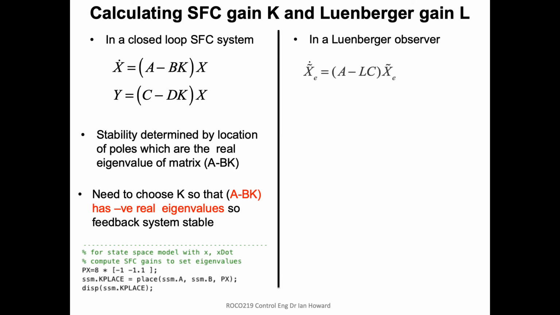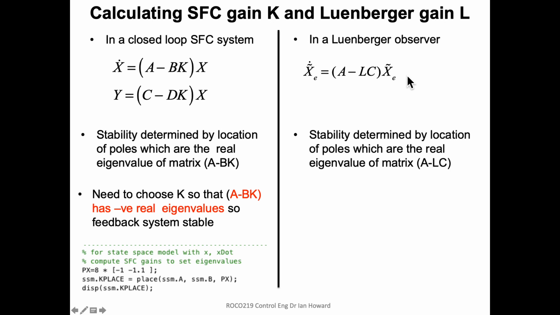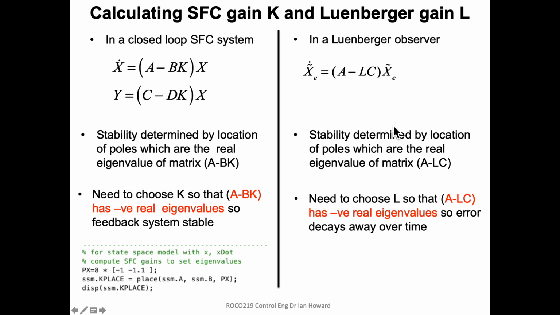In the Luenberger observer, we have an error dynamic equation. So the derivative of the error is given by (A minus LC) times the error. And in order for this to be stable, this time we need to consider the eigenvalues of A minus LC, in particular the real part, and we need to choose L so that we have negative real eigenvalues, exactly the same way.